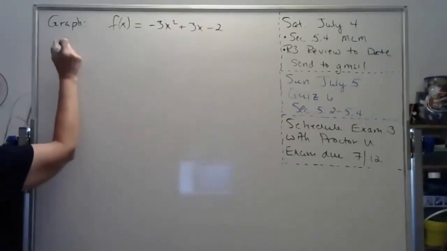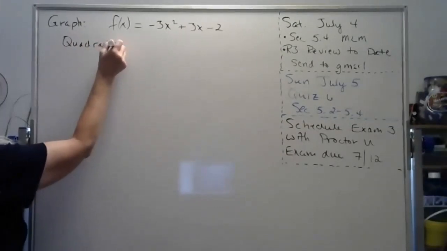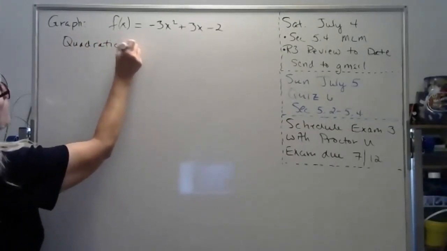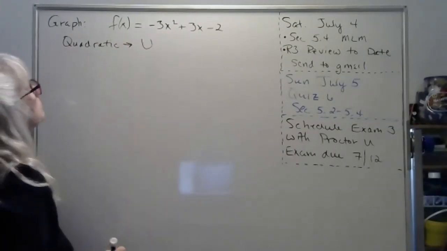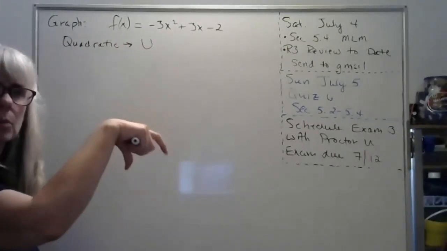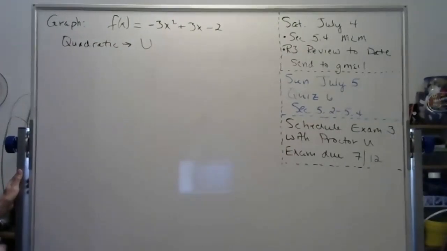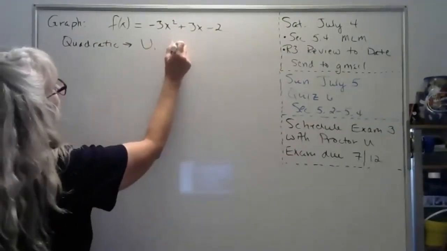So we're going to recognize that it's a quadratic. That means the largest exponent we see is a 2. That tells me that it's that U shape. Beautiful. Is this particular U going to open up or will it open down? Down. And that's because of the negative out in front. So we know it's going to open down.